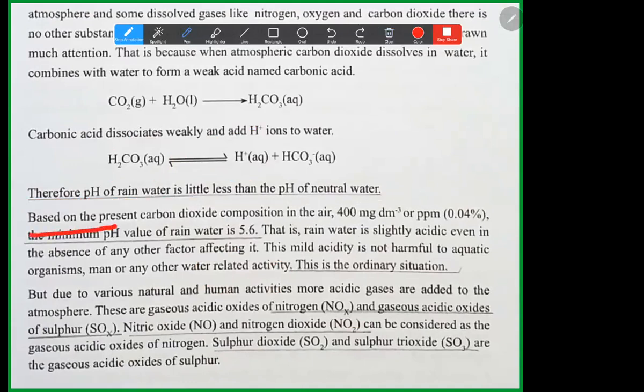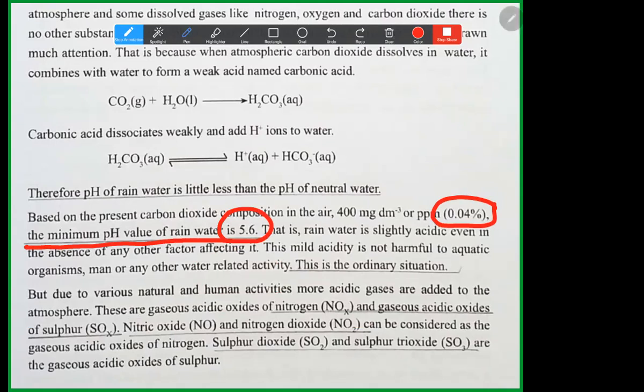Based on the present carbon dioxide composition in the air, 400 milligrams per cubic decimeter or 0.04%, the minimum pH value of rainwater is 5.6. Only if carbon dioxide dissolves in water, the pH decreases only up to 5.6.